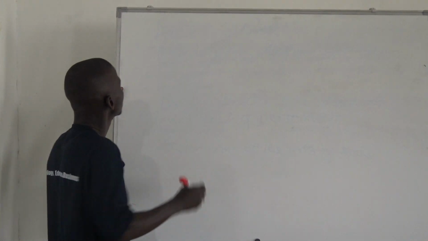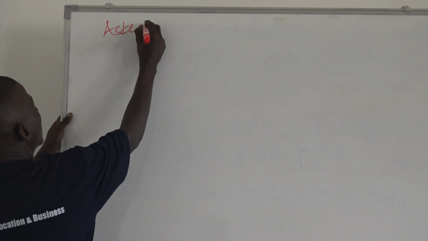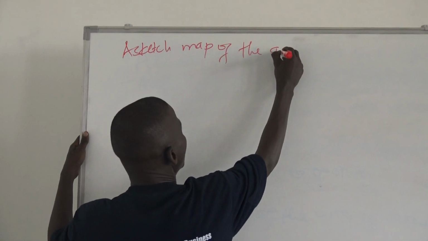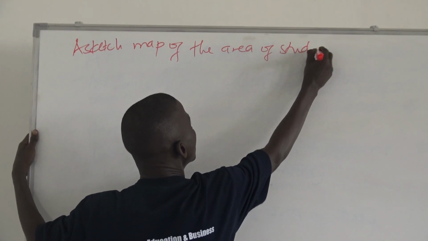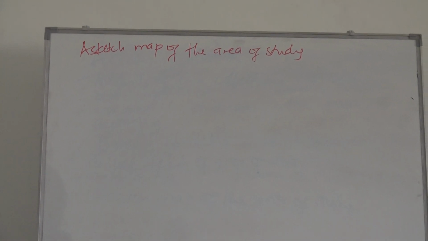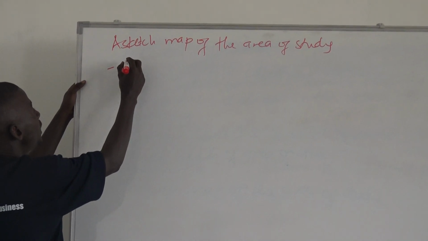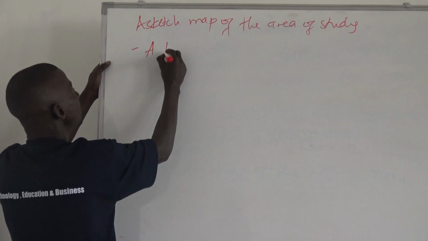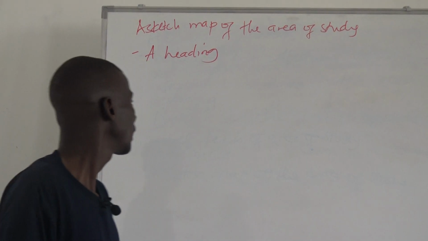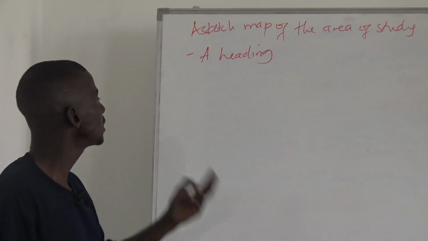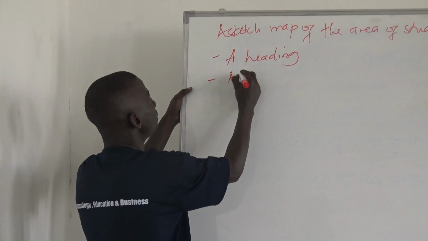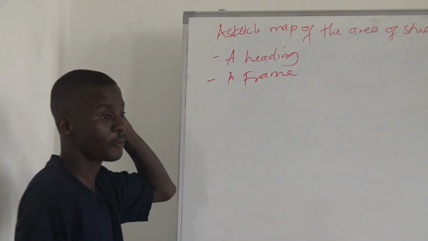So how do I draw a sketch map of the area of study? The first thing to note is the sketch map of the area of study should have a heading. Still, the heading should be in line with the objectives and topic of study. Put your sketch in a frame. It should be in a frame.